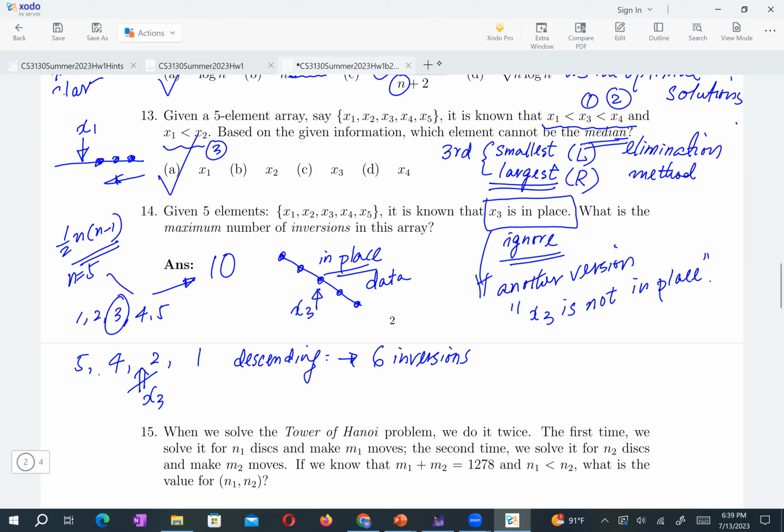How about, let's try, we put X3 in this slot. X3 equals 3, all right?